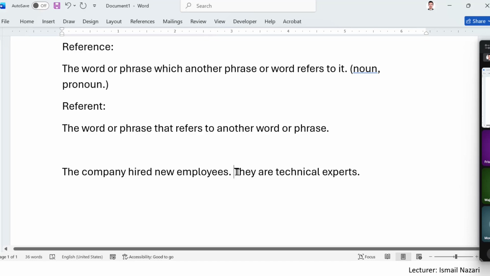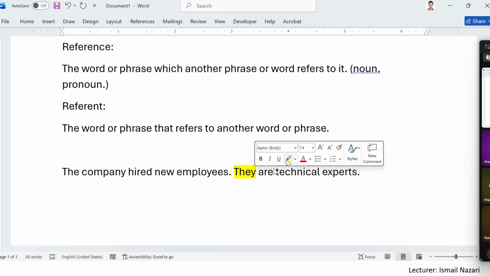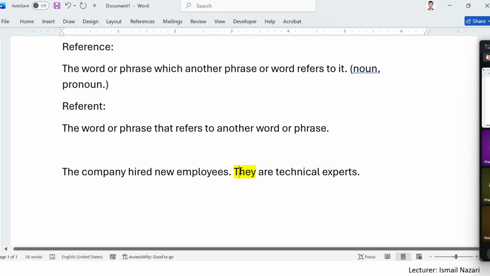So here we have they. This is the pronoun. Now what does it refer to? What is it used instead of? Exactly. Here it is used instead of employees. Now one of them is the reference and the other one is the referent.